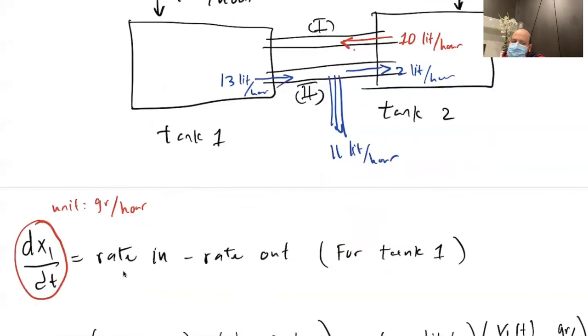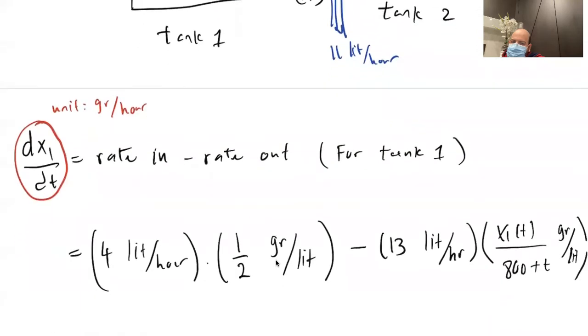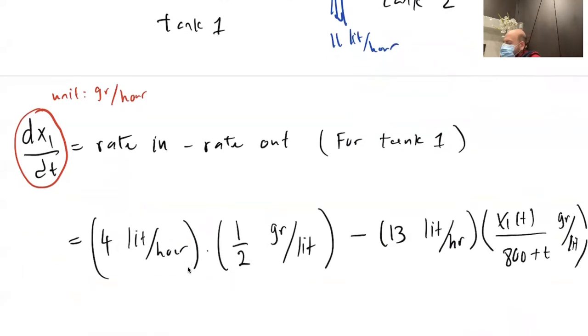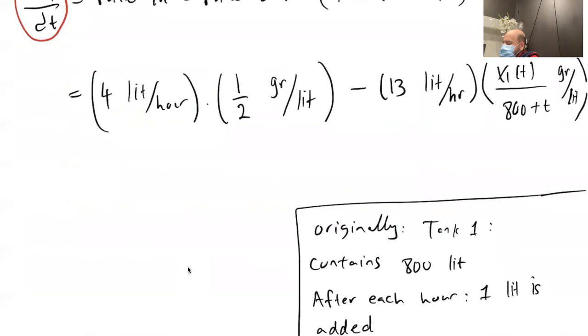Remember, whatever goes in has a plus sign, whatever goes out has a minus sign. Here we have two types of water coming in, and one type of water going out. So two terms with a positive sign, and one term with a negative sign. We already included this part. Now this part has a positive sign, and one more term with a positive sign. So plus.